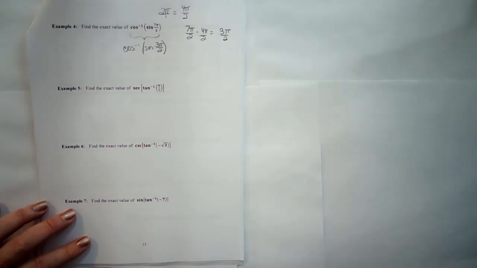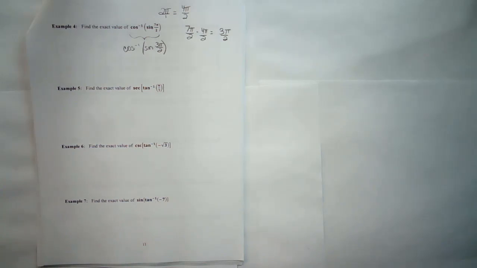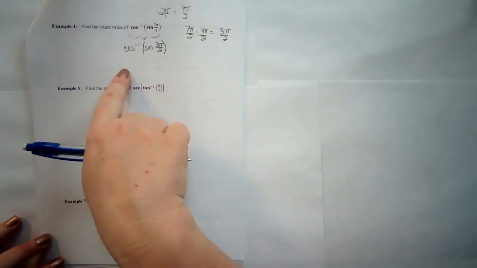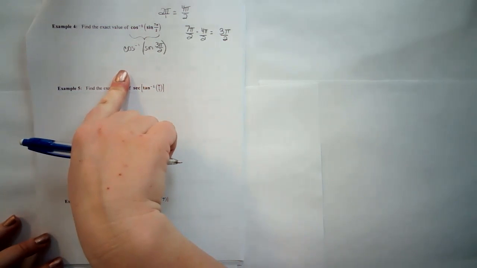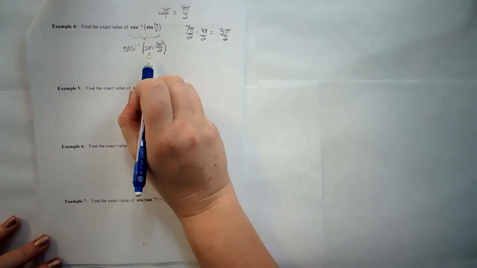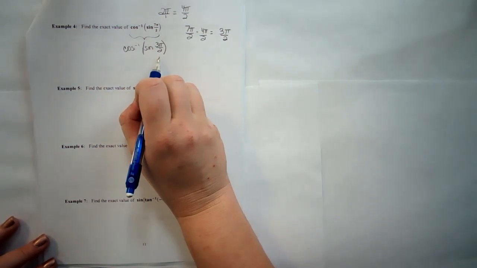Now, when you have the same original function mixed with its own inverse, you have a lot of restrictions taking place. When you have an inverse that is not the function's inverse, you don't have any restrictions on the original function. So I don't have to worry about where this is. I can just find what is the sine of 3 pi over 2.